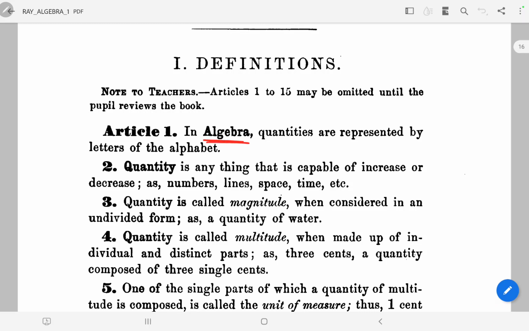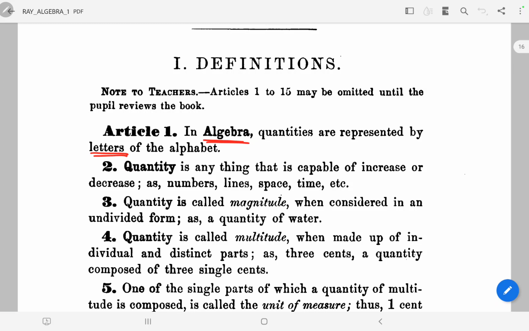We read, "In algebra, quantities are represented by letters of the alphabet." And you should note that that's something strange. In arithmetic, we never represent quantities with letters of the alphabet. We represent quantities with numbers.